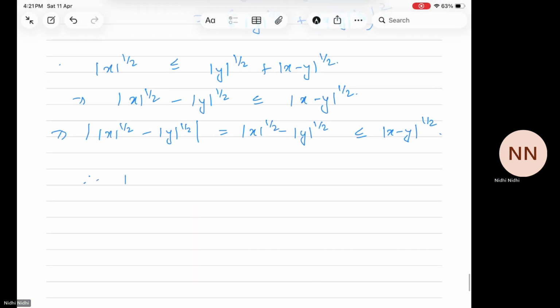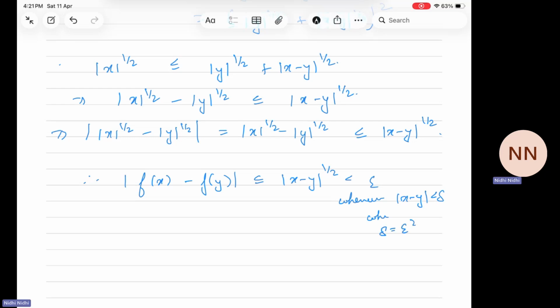Therefore, we get mod fx minus fy is less than or equal to mod x minus y to the power 1 by 2, which is less than epsilon whenever mod x minus y is less than delta, where delta is equal to epsilon square.